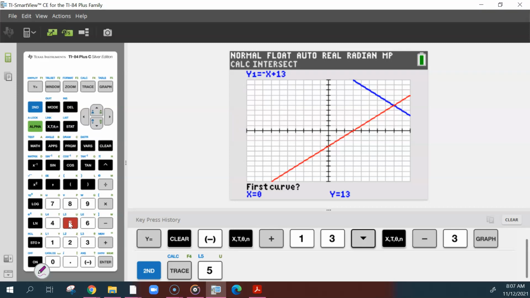It'll ask you for the first curve, that's just one of the lines.